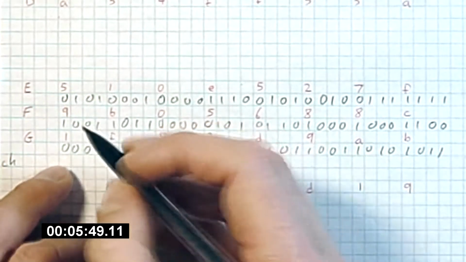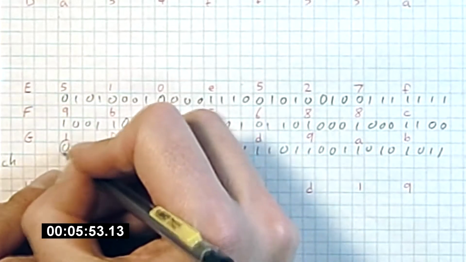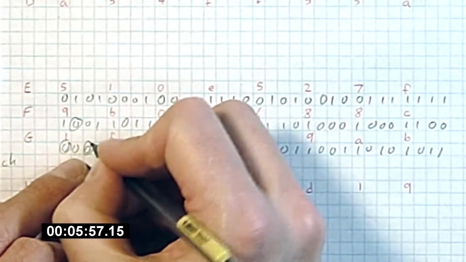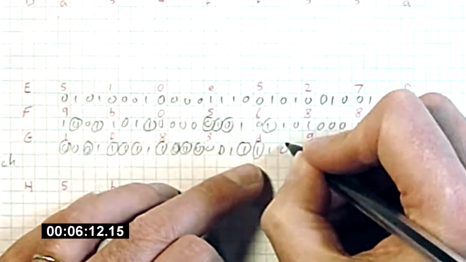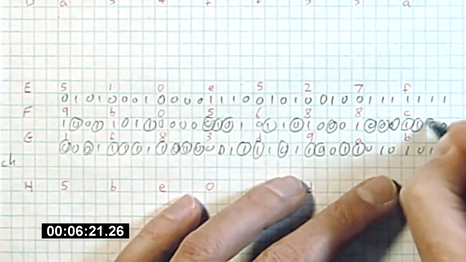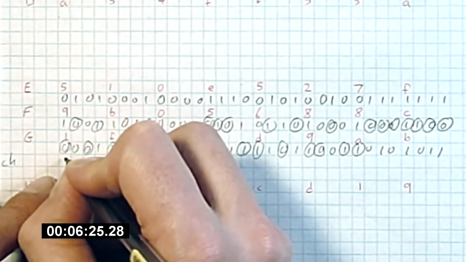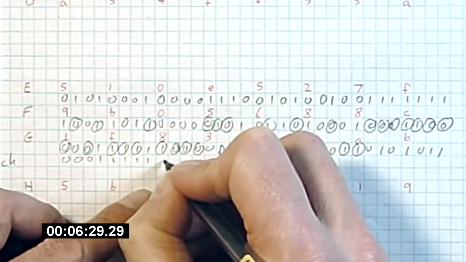So what we do is, for each bit of E, if it's 0, we circle the bit of G. If it's 1, we circle the bit of F. 0, we circle G. 1, we circle F. And now we write down the circled bits underneath here for our choice. 0, 0, 0, 1, 1, 1, 1, 1, 0.